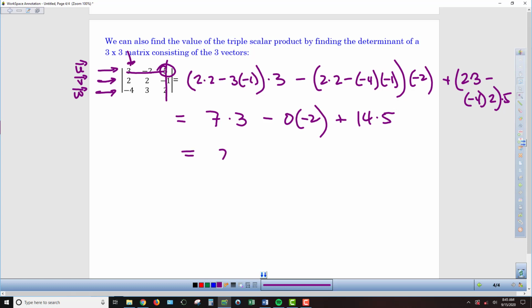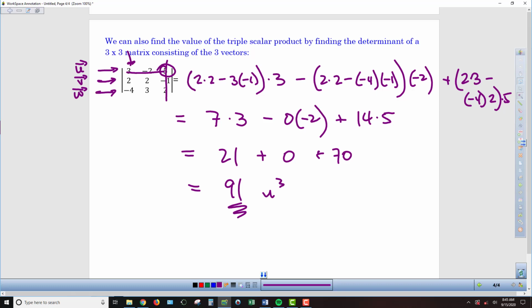We get 21 plus 0 plus 70, and we end up with the same result that we did before. So this just shortcuts it. Instead of doing it in two separate steps, finding the cross product and then performing the dot product with the third vector, throw all three vectors in any sequence into your 3x3 matrix, find the determinant, and you've got your volume.